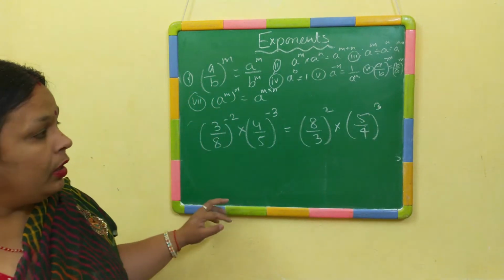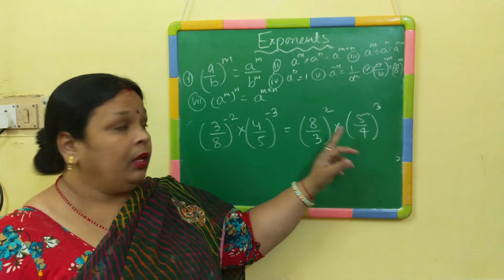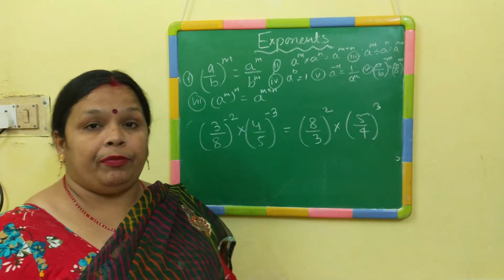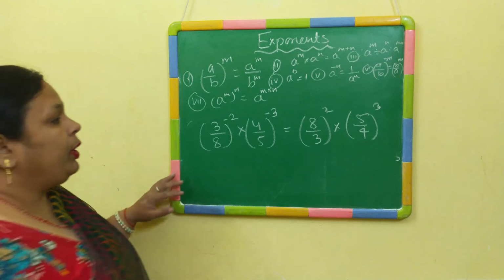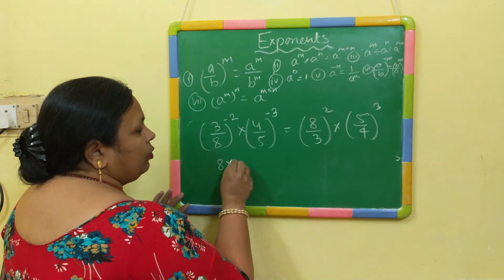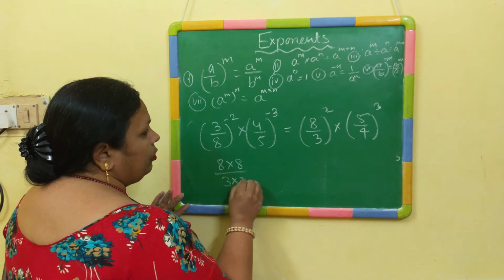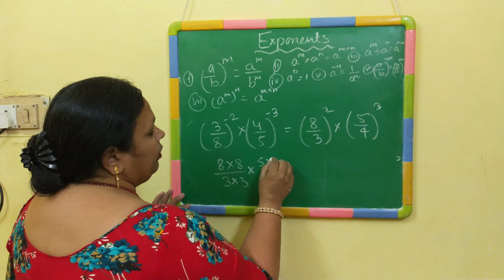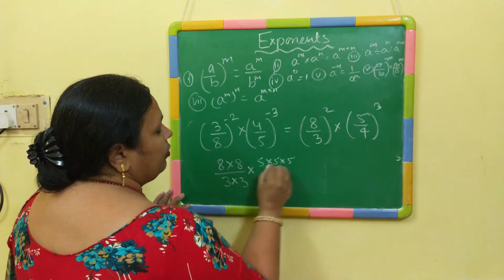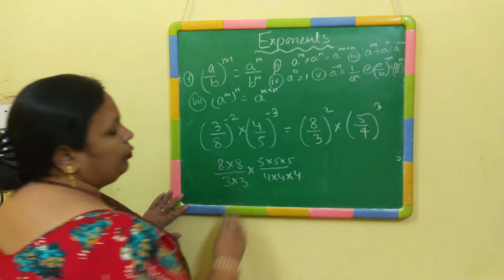Clear? Now this is a by b and this is c by d. Powers are also different. So what we'll be doing is simply 8 into 8 by 3 into 3, into 5 into 5 into 5 by 4 into 4 into 4.